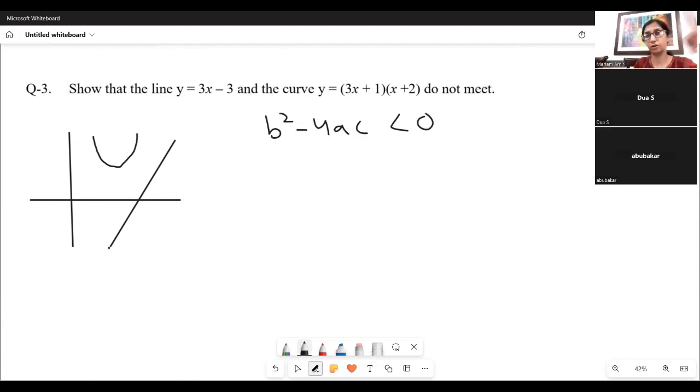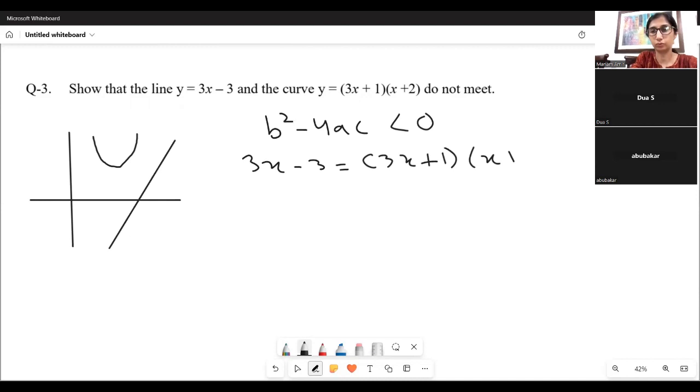First, you'll have to solve these equations simultaneously. So 3x minus 3 equals 3x square plus x plus 2.